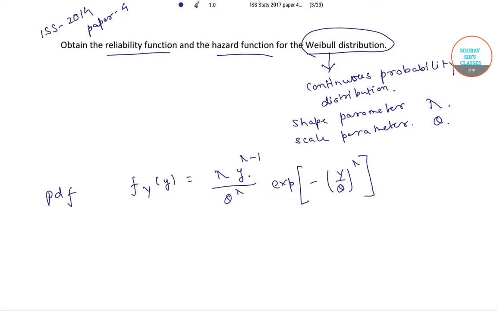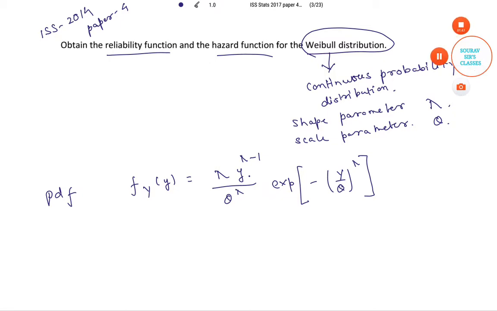So f of y equals lambda into y raised to the power lambda minus 1 into theta raised to the power lambda into e raised to the power minus (y by theta) raised to the power lambda.